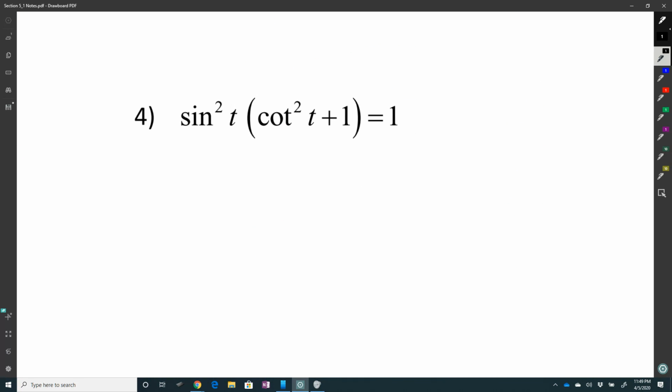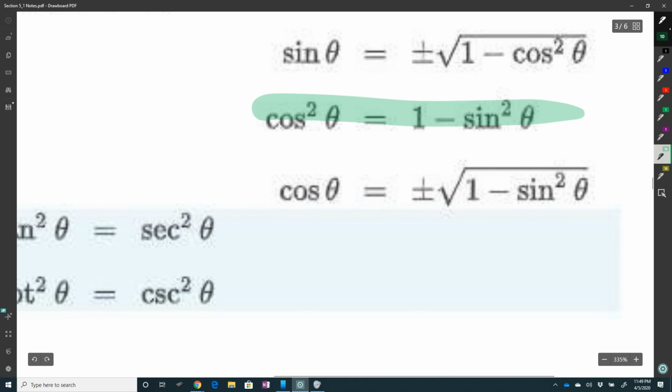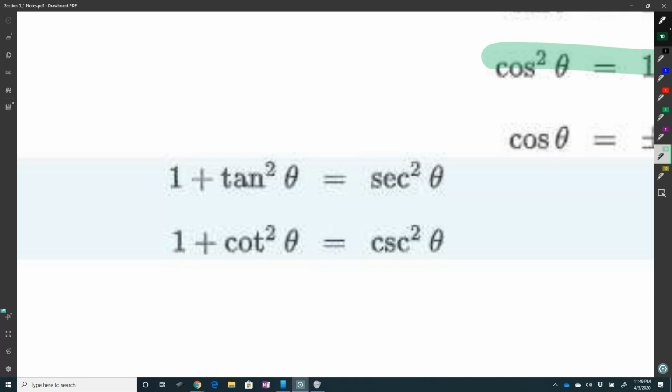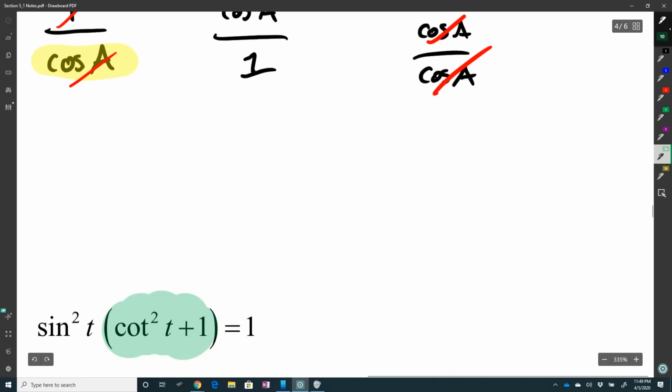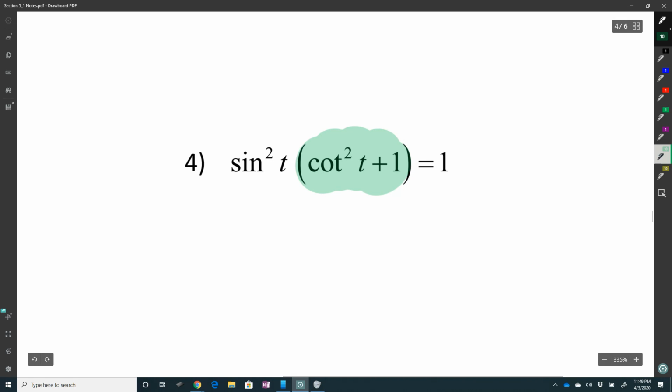Sine squared t times cotangent squared t plus 1. So I'm going to do this two ways. The first way is, notice that cotangent squared plus 1 is an identity. Cotangent squared plus 1 is cosecant squared. So I just need to turn this into cosecant squared.